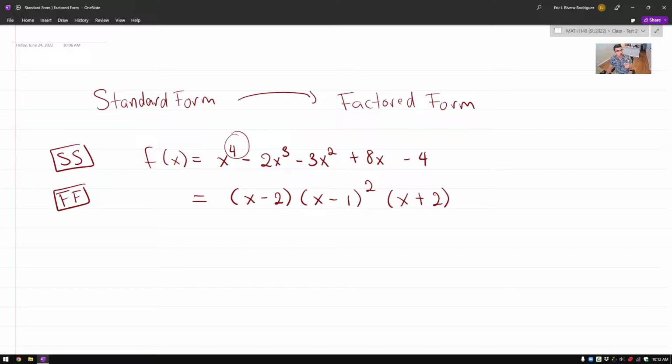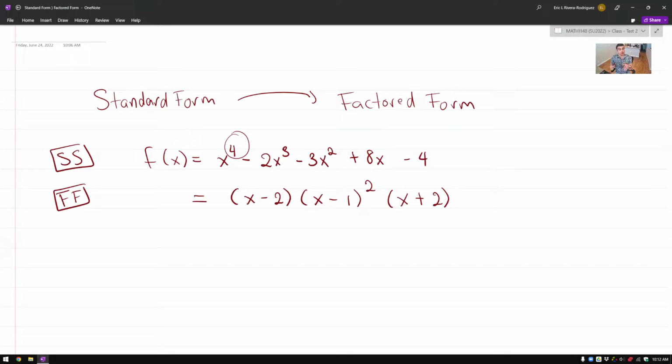Okay, all those techniques that I have mentioned are the result of what we are going to learn in test number 2, because before getting to those techniques, we are going to learn about rational zeros, how to get possible rational zeros for any polynomial, and the relation between the rational zeros and the factors of that polynomial.